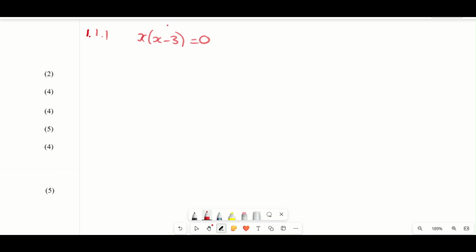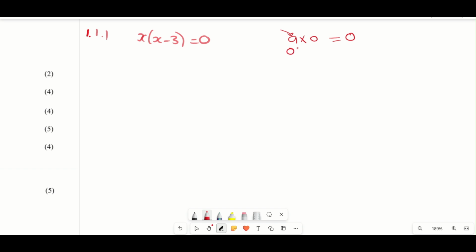First of all, we know that every number or variable that is multiplied by a 0 will equate to 0. For instance, if I have a times 0, whatever value a is, I will always have an answer equal to 0.